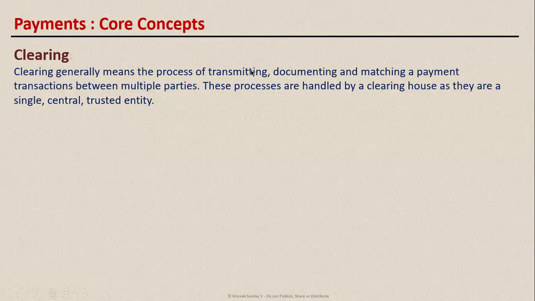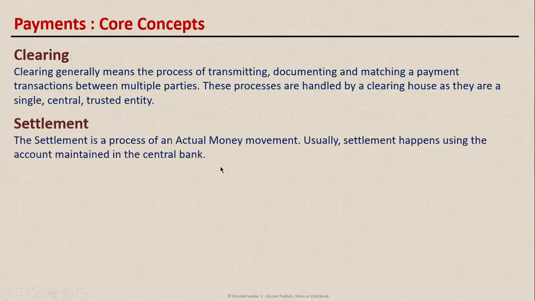Then they will transmit the message to the respective receiver bank, and also document it. Whenever a response, investigation or inquiry is made, they will match it with the previously processed message. Finally they will facilitate the settlement, and that settlement will happen at the central bank.